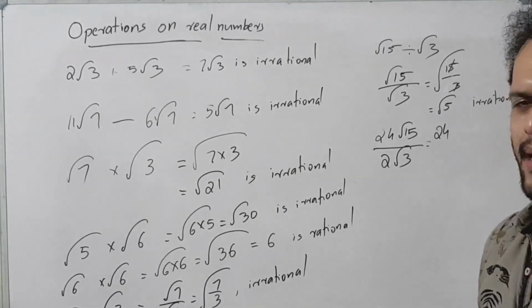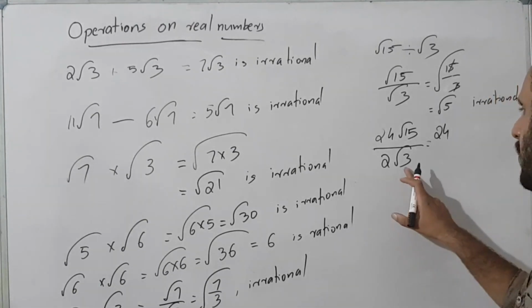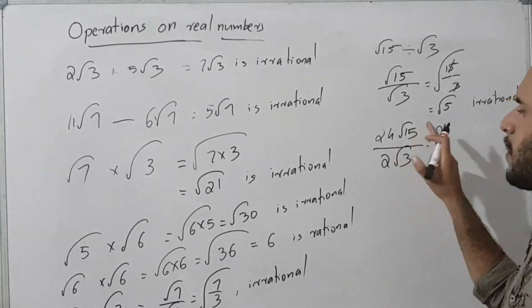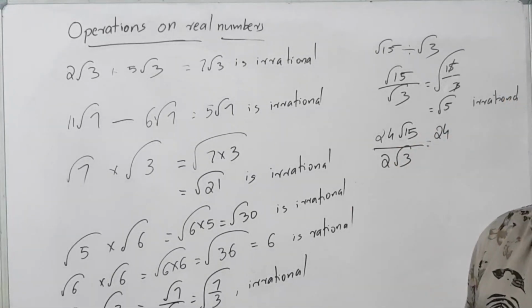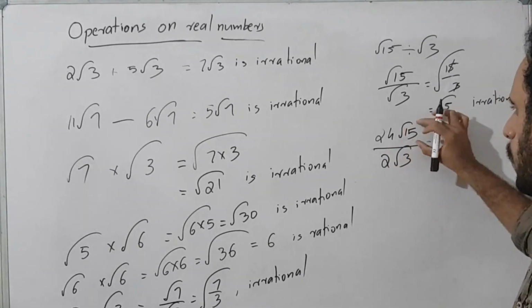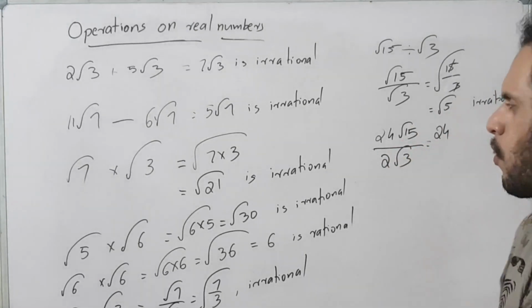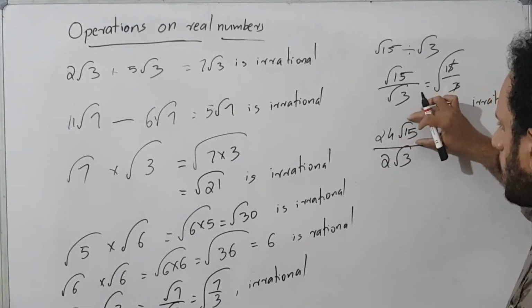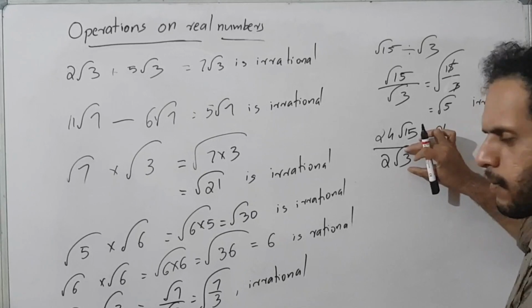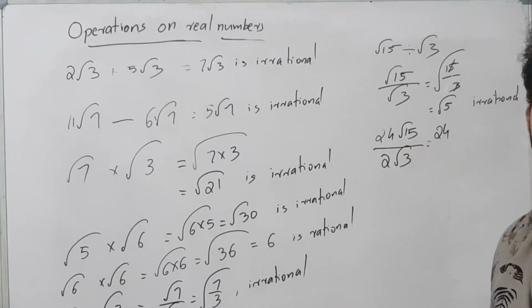Correct. Why do we check like that? Because the denominator contains root 3. Then we check whether 15 is possible to convert as a product with 3. Yes, because 15 is the bigger one, 3 is the smaller one, correct? So we check the root number 15. Is 15 possible to write as a product with the smaller number 3? Yes, it is possible.